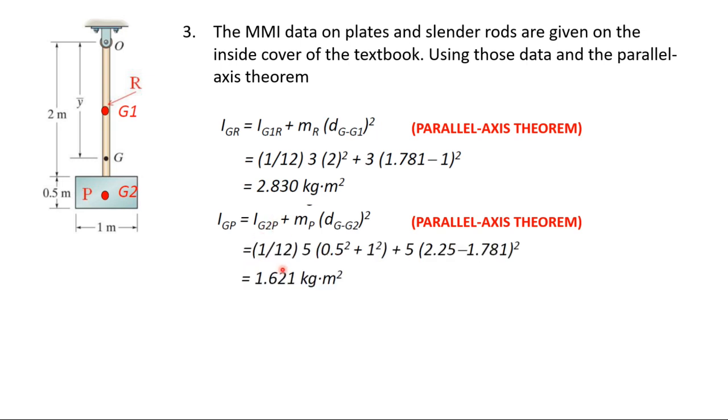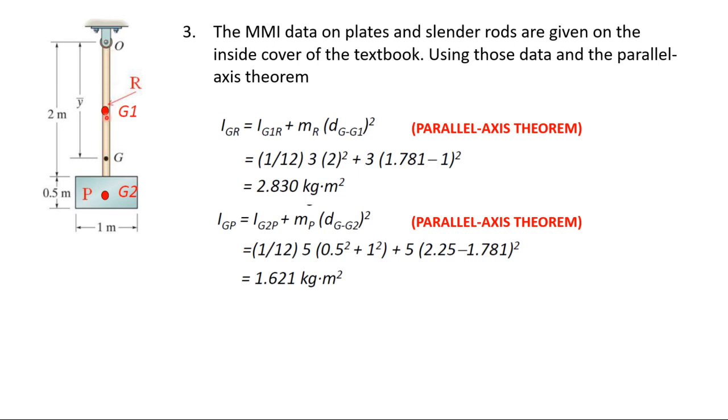So the mass is 5, multiplied by 0.5 squared plus 1 squared, divided by 12, plus 5, which is the mass, multiplied by 2.25, which is the distance from here to here, minus 1.78.